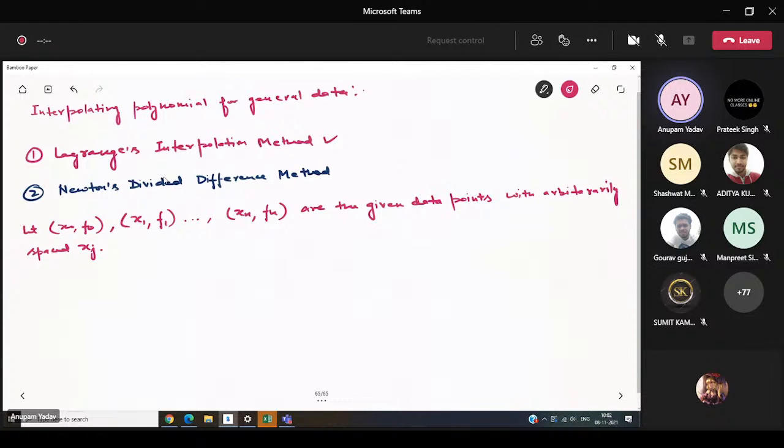Okay, so what basically Lagrange defined is that it has defined some coefficients like this: L naught x, which is nothing but x minus x1 divided by x naught minus x1.